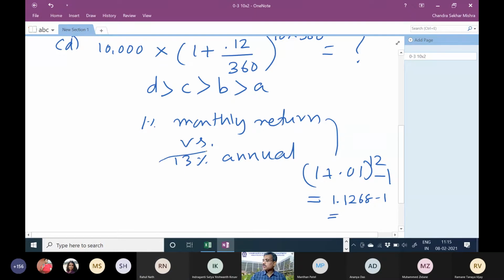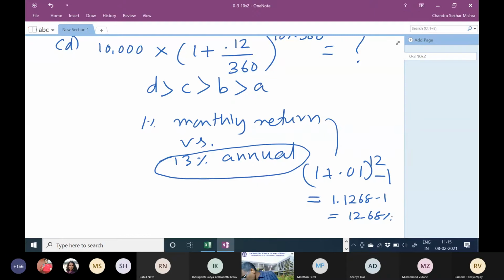Obviously we'll go for this one, because it's 12.68%, which is lesser than 13%. So as a monthly rate, you have to convert it to annual compounding and compare.